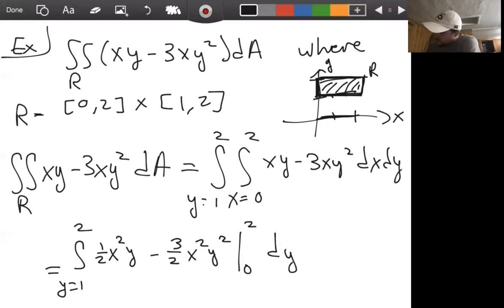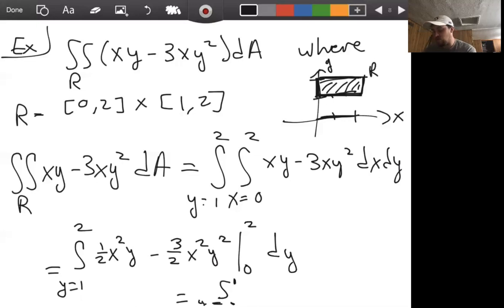Well, let's plug in 2 and plug in 0. We notice if we plug in 0 for x, we get 0. So we only have to worry about what happens when we plug in 2. So this is the integral from y equals 0 to 1.